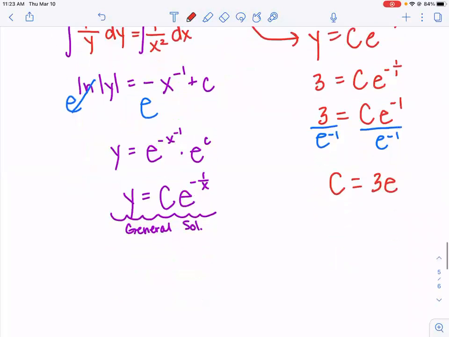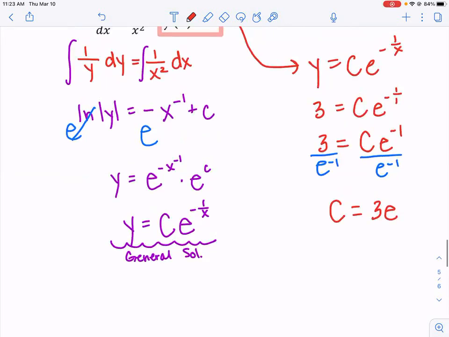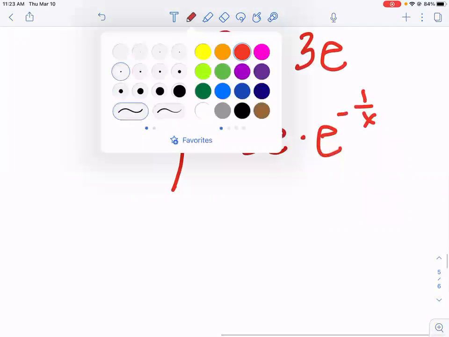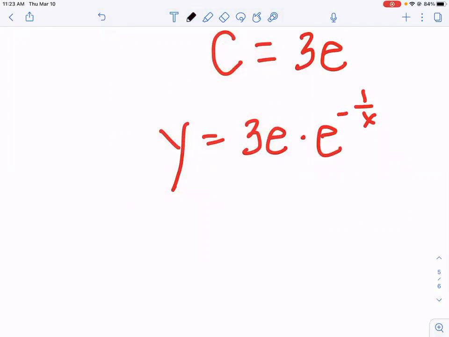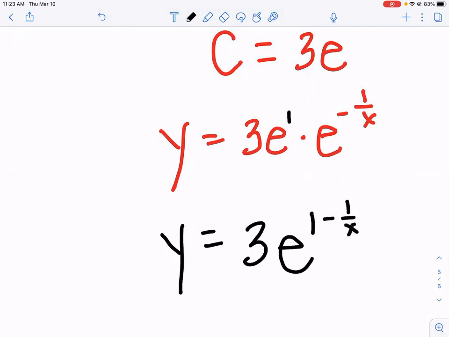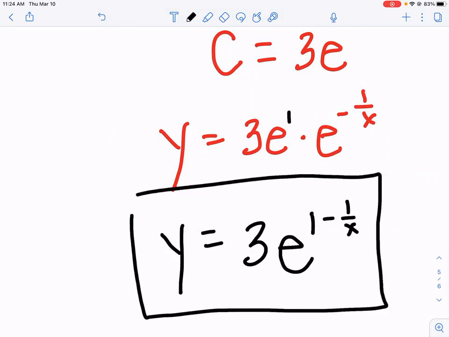So our particular solution, y equals c times e to the negative 1 over x. Well, that doesn't look pretty, does it? y equals 3. Since we're multiplying, this is like e to the first power times e to the negative 1 over x. We can write this as our particular solution.